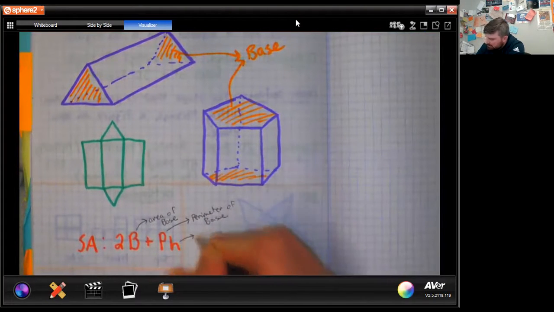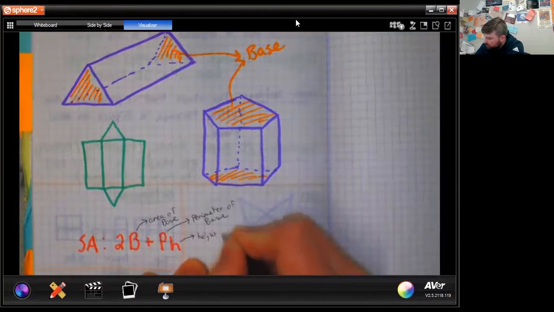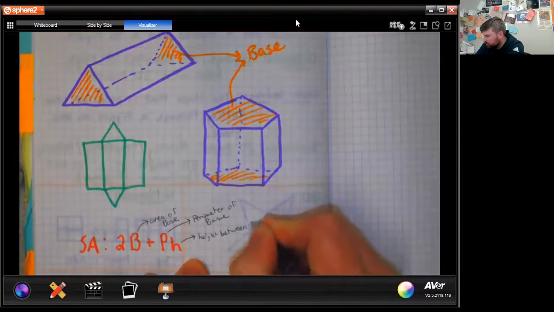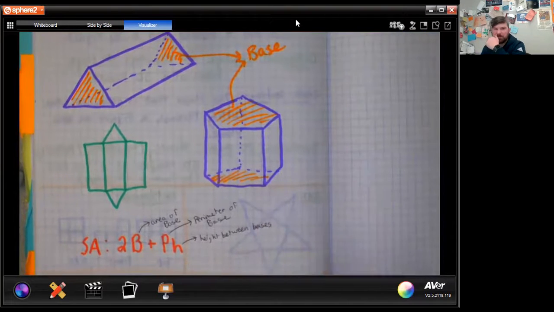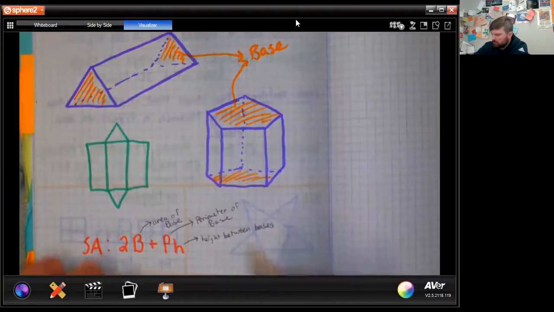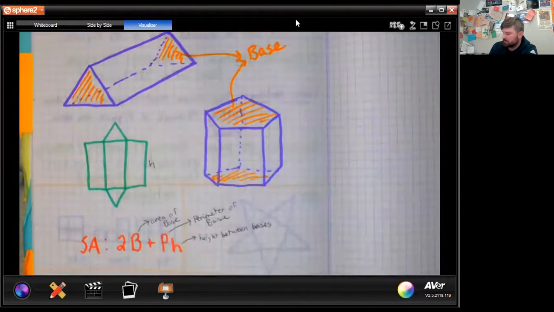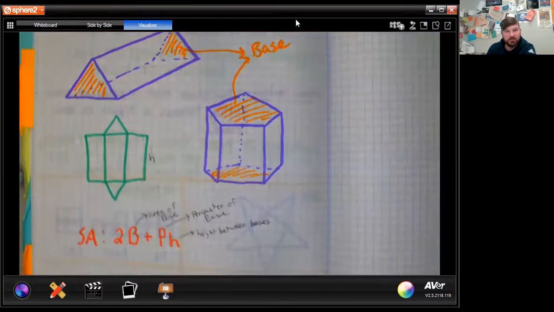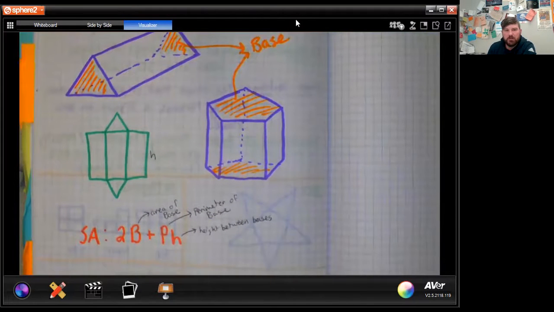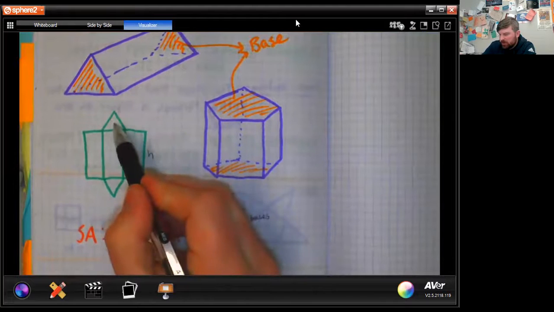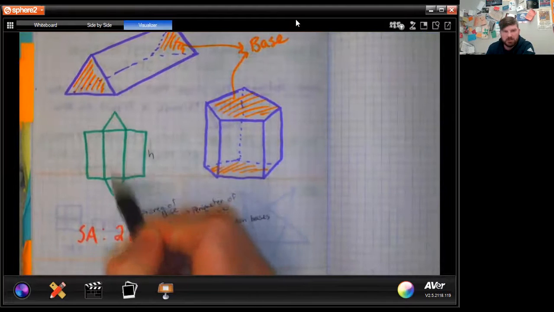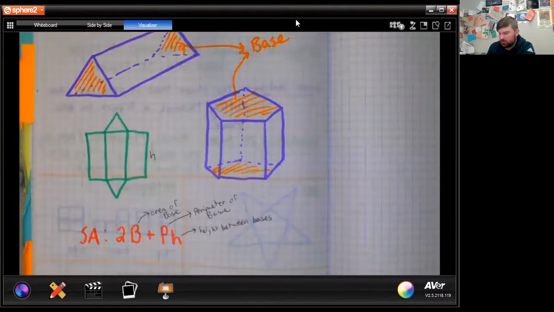This is height between bases, which this right here is your height. It's how far between your bases. And that is surface area. Again, if you don't remember the formula, that's fine. You just need to find the area of all the two-dimensional shapes.